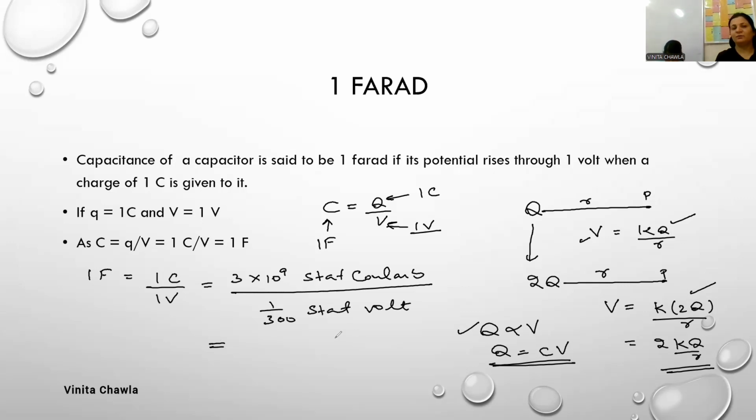So please find the value. What will you get? 3 3s are 9 into 10 raised to the power 11 stat farad. 1 farad is 9 into 10 power 11 stat farad. Clear?